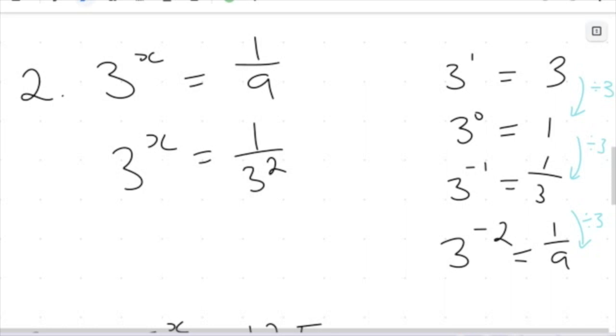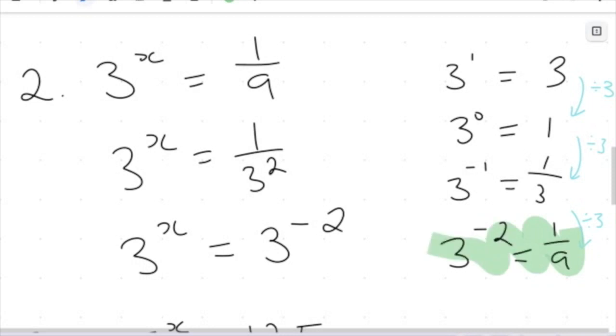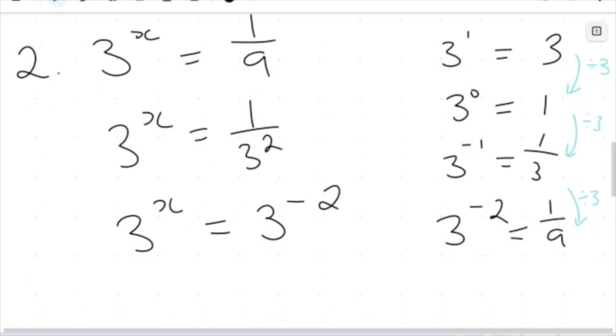I want to write this as a whole number to some power. So I'm going to write 1 over 3 squared as just 3 to the power of -2. And that just shows this relationship on the right-hand side. This is just a revision using what we know from negative indices to approach a more abstract question.